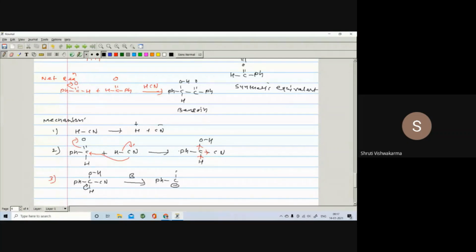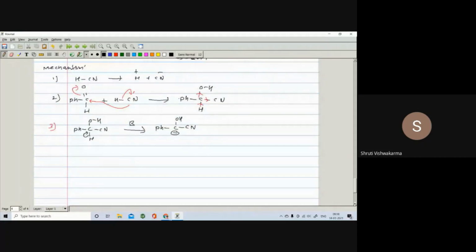So we have generated a C negative on the C positive, and as soon as the C negative forms, in the 4th step the carbanion attacks the second molecule of benzaldehyde. Here I write this C negative with OH, Ph, and CN. The pi bond opens on the oxygen, O negative, C positive.